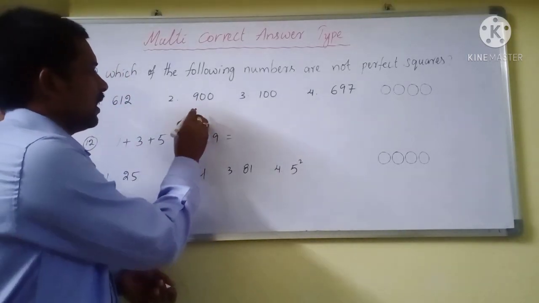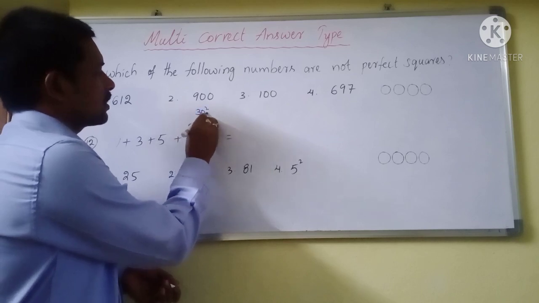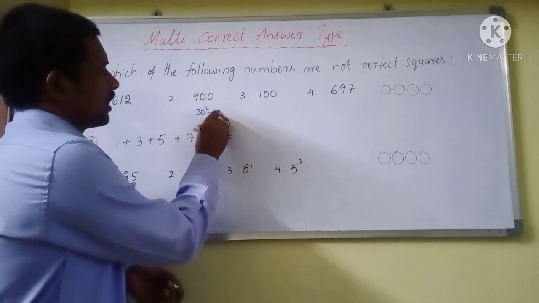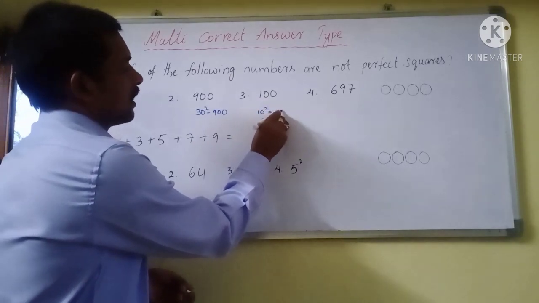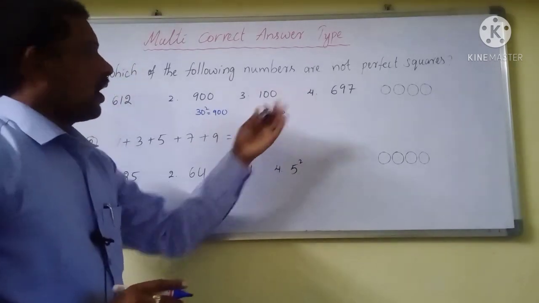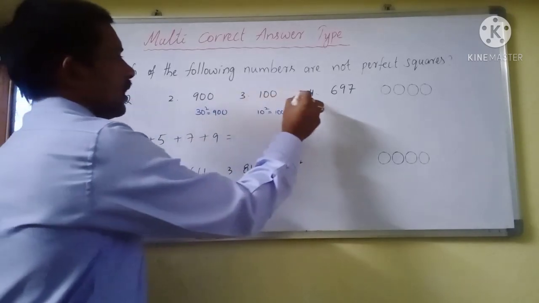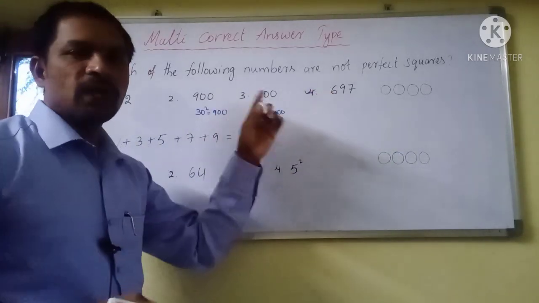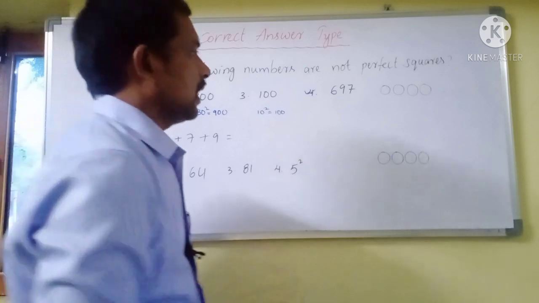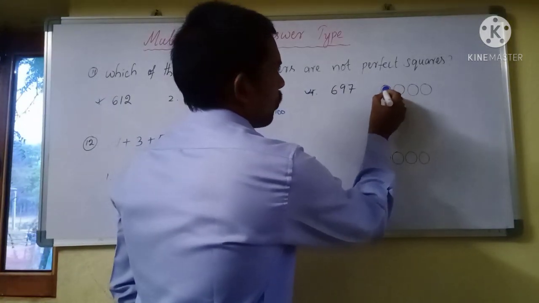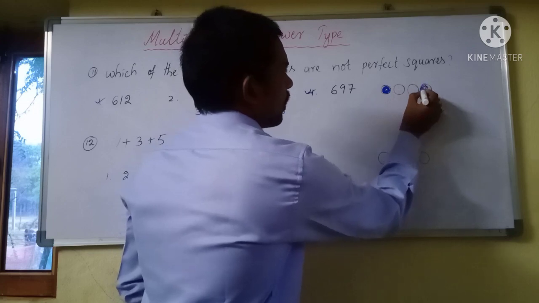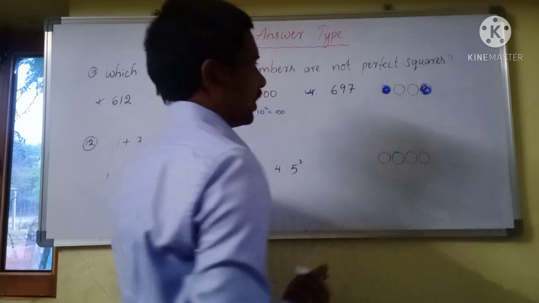Coming to 900, this is 30 square. And 100 is 10 square. So 1 and 4 are the correct options. We should have at least 2 answers, so we should bubble option number 1 and option number 4 in the OMR sheet.